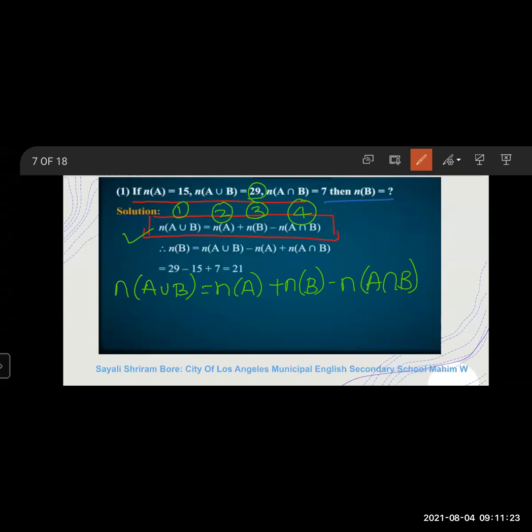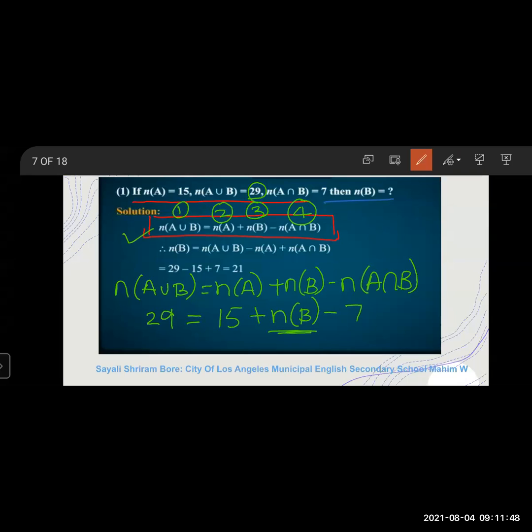I will substitute. Union is given, yes, 29 is equal to A is given, yes, 15, plus n of B is not given, minus intersection is given, how much? That is 7. Now this you have to find out.